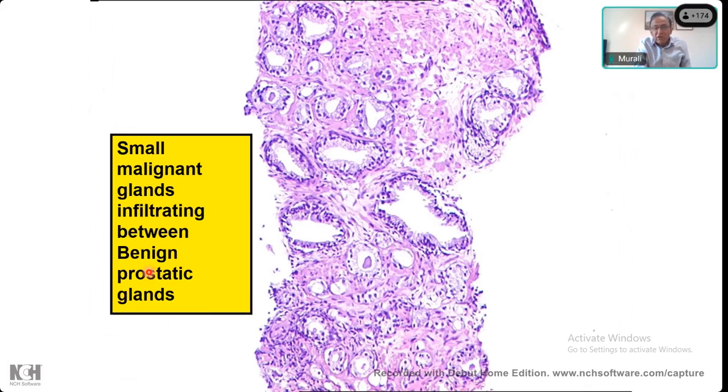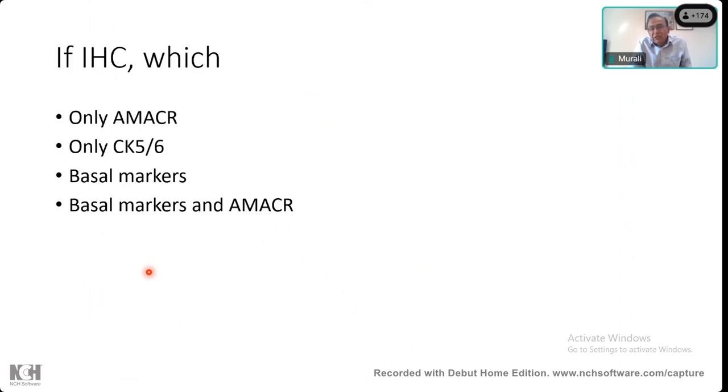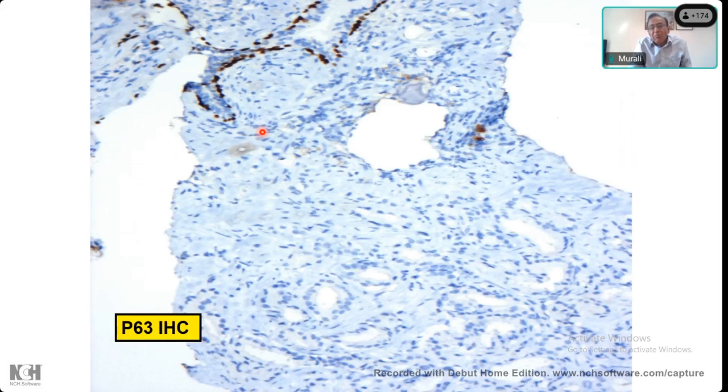If your differential diagnosis is adenosis versus prostate cancer, then up to 30%, depending on which paper you read, of adenosis will be positive for AMACR. Same way, if it's nephrogenic adenoma versus cancer, about 50% of nephrogenic adenomas will be AMACR positive. So you've got to be very careful if you're using AMACR.